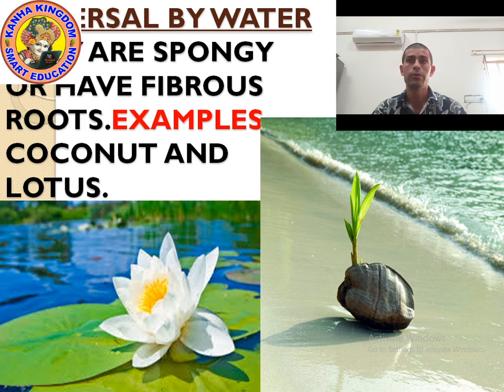Okay, now let's talk about the next, lotus. Have you ever seen lotus? Lotus easily scatters away with the help of water. So it was all about dispersal of seeds by water. I hope you understood. Now let's move on to the next point.